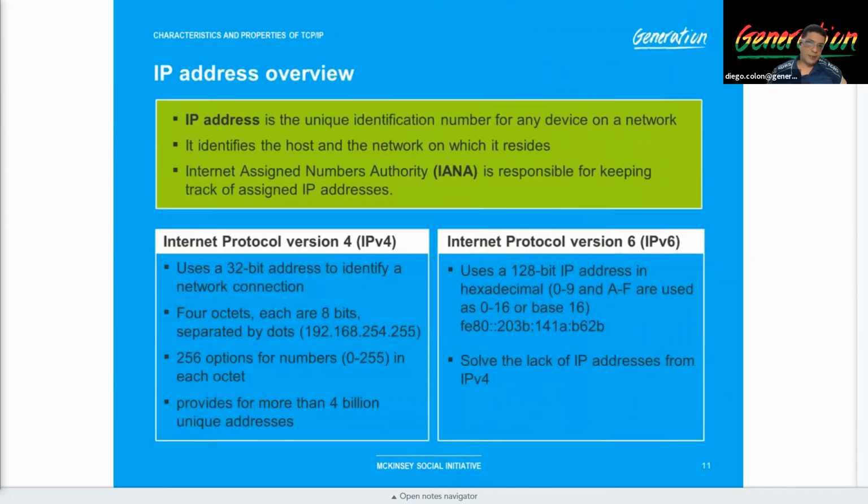The IP address is, as we stated, the unique identifier for any given device. It identifies exactly what the host number is and the network it resides on. IANA is responsible for tracking all assigned public IP addresses. As for private IP addresses, we all get to have fun with those.